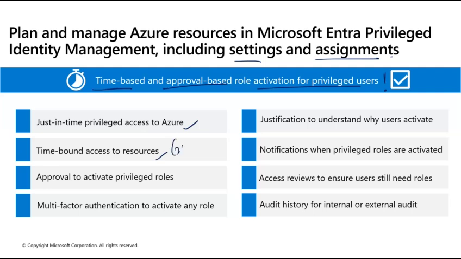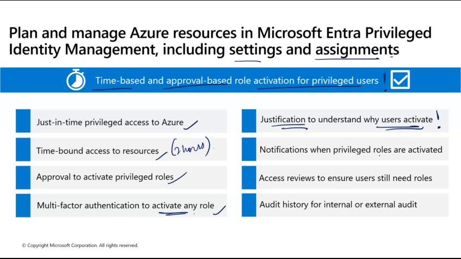It can be 2 hours, 4 hours, 6 hours, whatever. You need an approver to activate privileged roles. Multi-factor authentication can be required to activate any particular role. You might be asked to clear your MFA first. A justification is required to understand why the user needs this special role.